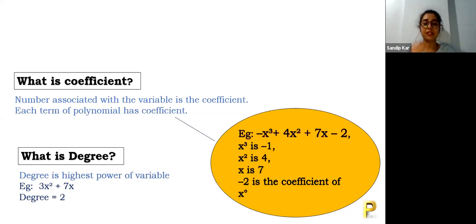Let's take the example from the coefficients as well, so you can get a clear idea of the degree. The polynomial is minus x cubed plus 4x squared plus 7x minus 2. Tell me what's the degree of this. Is it 2?